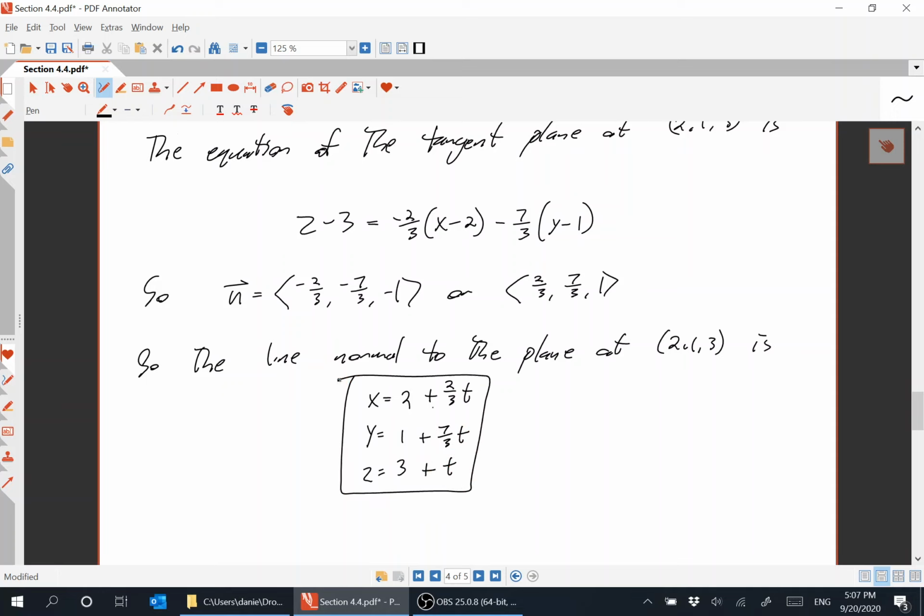So you have the plane tangent to the surface and the line normal to the surface. Normal is another word for perpendicular. So we have this notion of a perpendicular vector to a surface at a given point now.